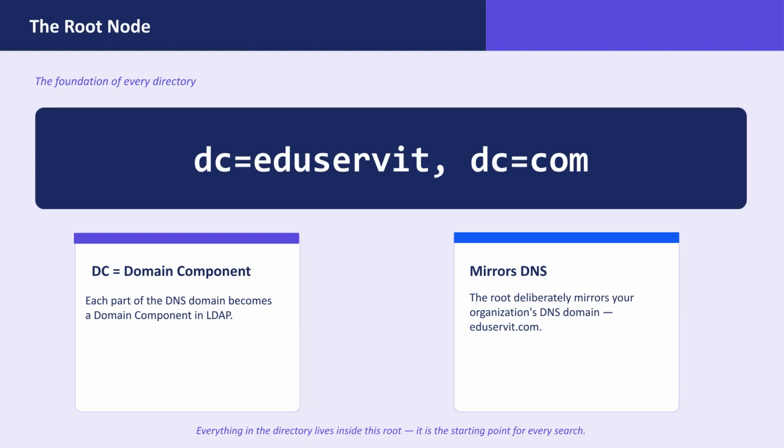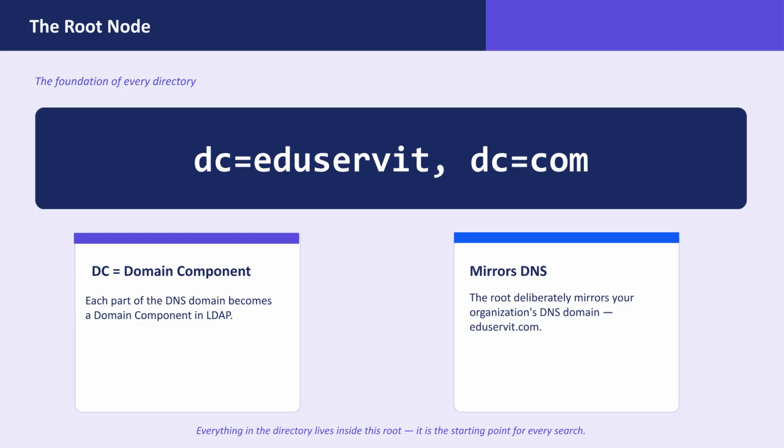At the very top of every DIT is the root node. This is the foundation that everything else sits inside. In our example organization, EduServe IT, the root node looks like this. DC stands for domain component, and here is something important to understand. The root of a DIT is deliberately designed to mirror the organization's DNS domain name.